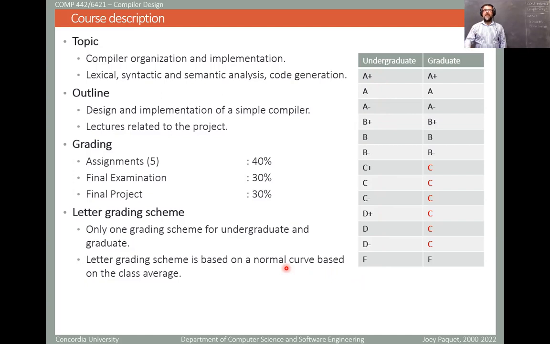The way I'm computing the letter grades corresponding to numeric grades is that I compute the class average at the end, and then I draw some kind of normal curve where the top of the normal curve corresponds to the class average, which corresponds to a B. Okay. We can discuss this in class if you have more questions.